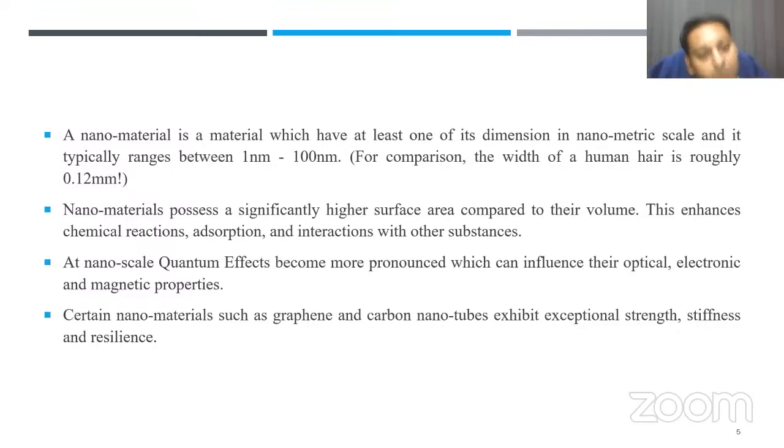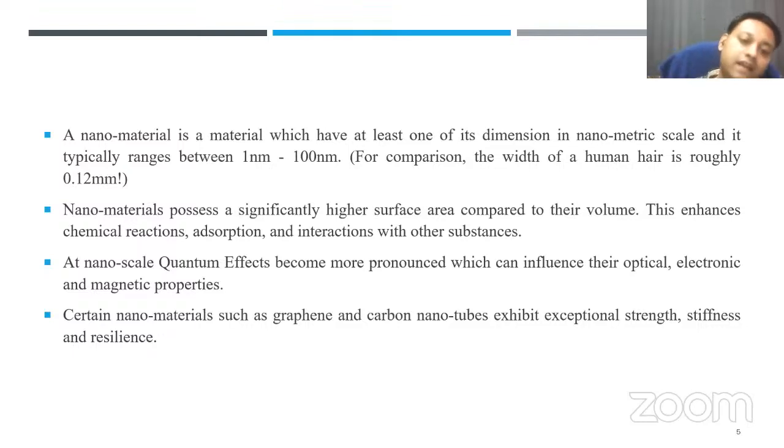Nanomaterials possess a significantly higher surface area compared to their volume. The reason is that the dimension is reduced in different directions, so the volume is reduced. However, the effective surface area increases, and this enhances chemical reactions, adsorption properties, and interactions with other substances. At the nanoscale, quantum effects also become more pronounced, which can influence the optical, electronic, and magnetic properties.